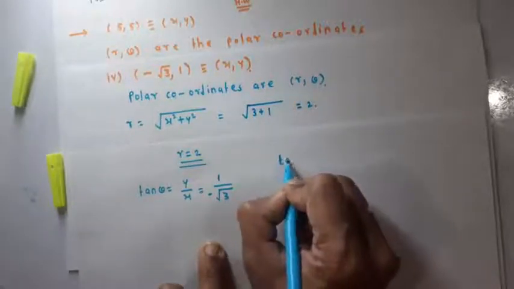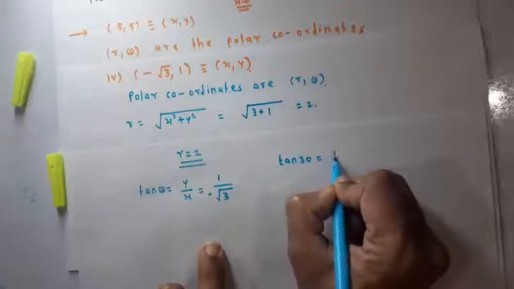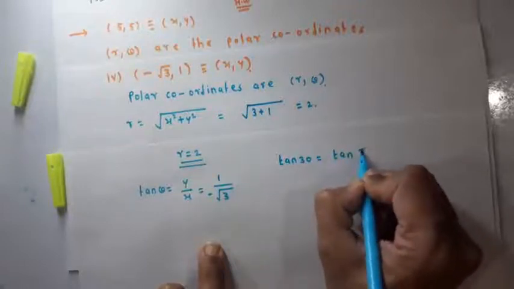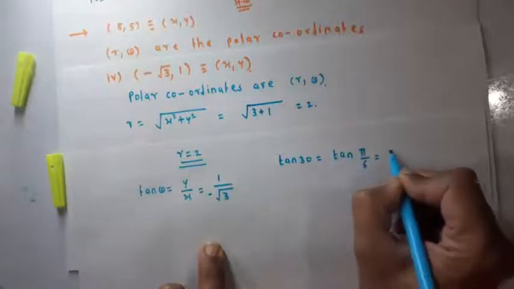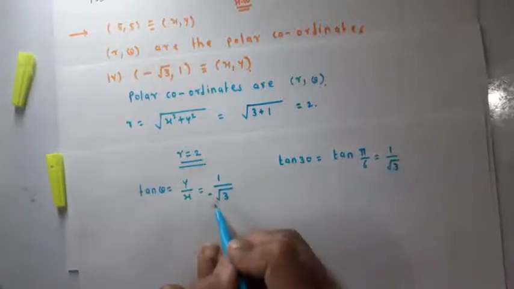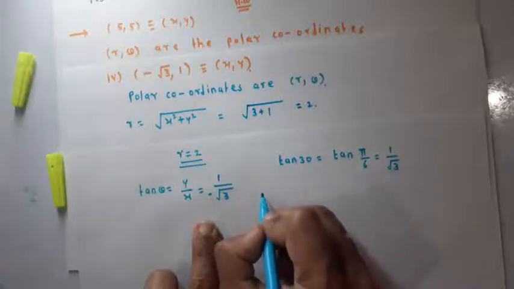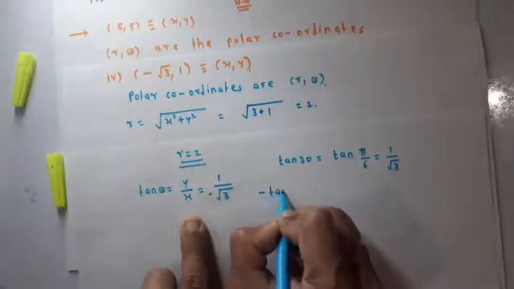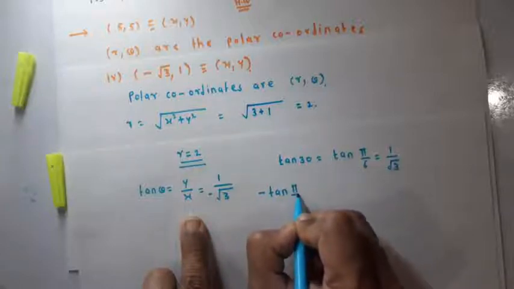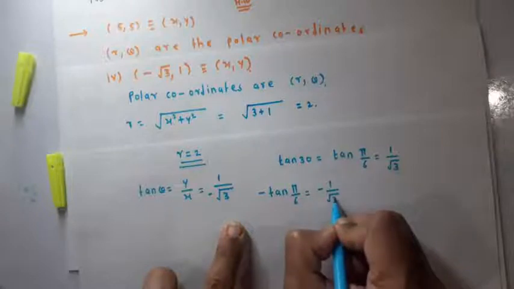We know that tan 30, or tan pi by 6, is 1 upon root 3. But this is minus 1 upon root 3. That is, minus tan pi by 6 equal to minus 1 upon root 3.